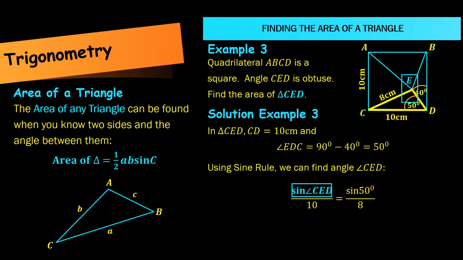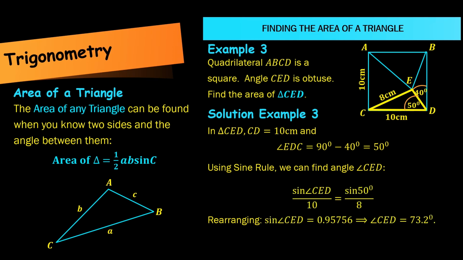So sine of angle CED over 10 equals sine 50 over 8. And rearranging gives us that sine angle CED equals 0.95756. And if we inverse sine, we obtain that angle CED equals 73.2 degrees.